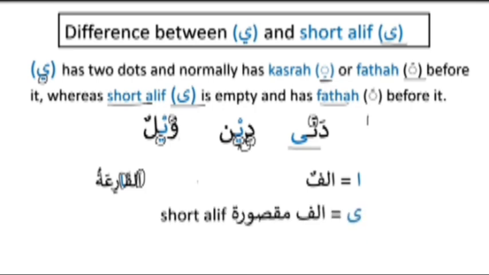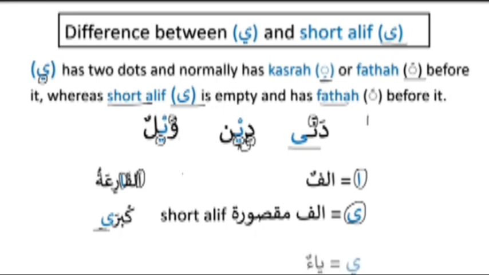Then we have alif maqsura, and now you can see it's called short alif, so it has a different name. So look at the difference, please. There is a difference between these. This is called alif, only alif. However, this is called alif maqsura, short alif, and this is how it is written. As we can see over here, it is empty and there is a fatha before it. So this is the difference between alif and short alif.